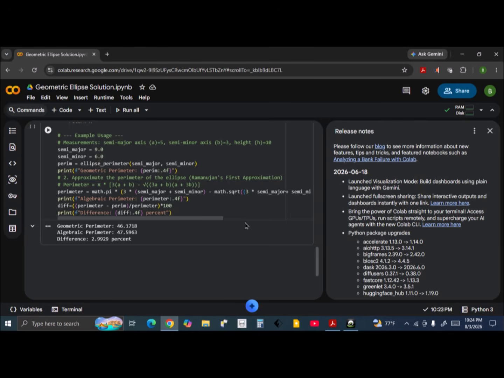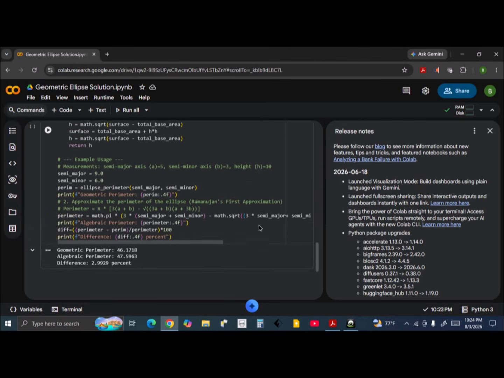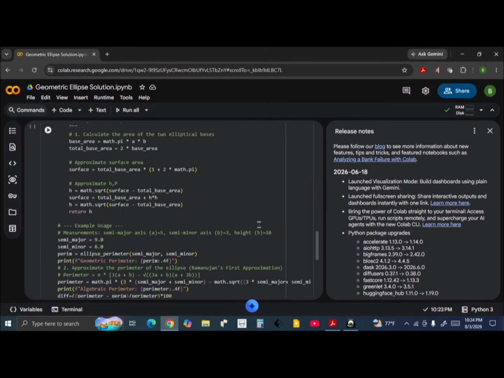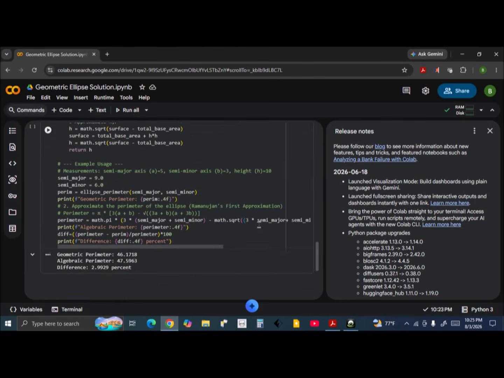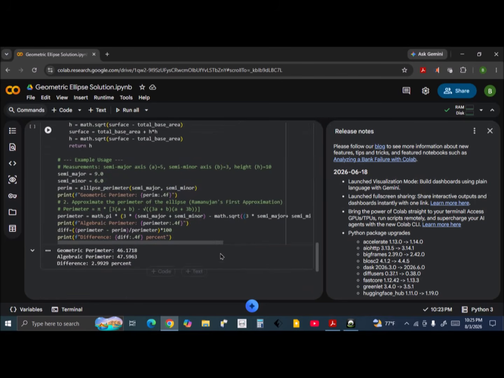So geometry seems to be giving some nice, neat formulas to work with as compared to the algebraic complexity that the formulas developed previously have had. And I don't know which one is closer to the actual value, but most people would say it's Ramanujan's because it's a time-tested equation.